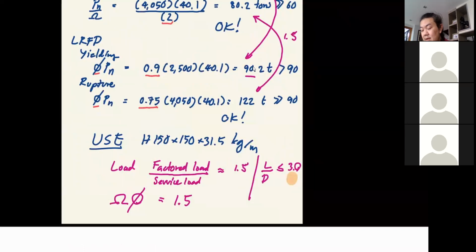As long as the ratio of live load to dead load does not exceed 3, it doesn't matter which design approach you use, you should always get the same member size. So any question? ASD and LRFD have a relationship. It's not hidden, they have a relationship.